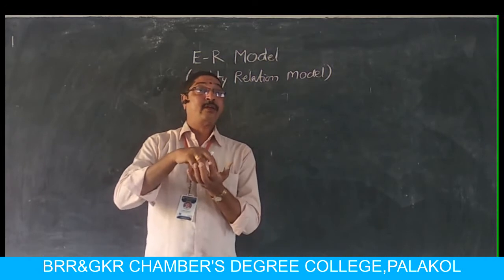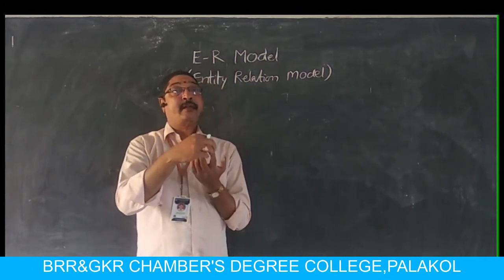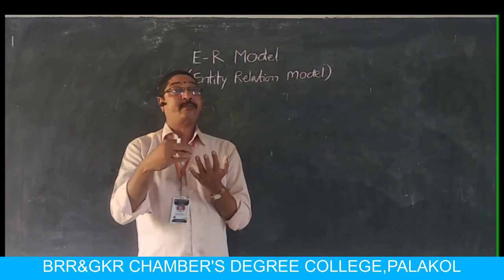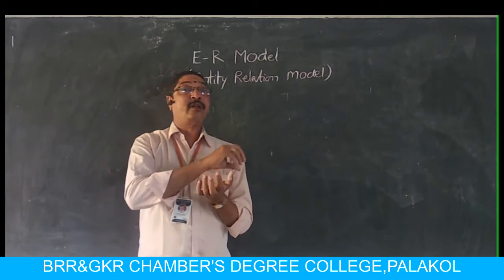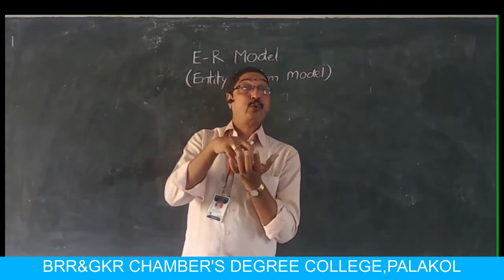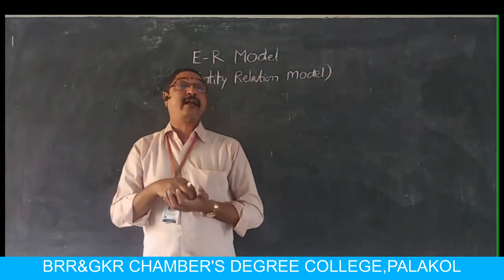Student is having so many details. He will have name, father name, surname, phone number, door number, city, address, email, like that. That student will have so many details. So here student is called an entity.